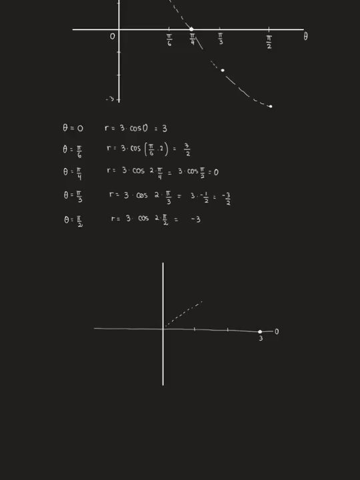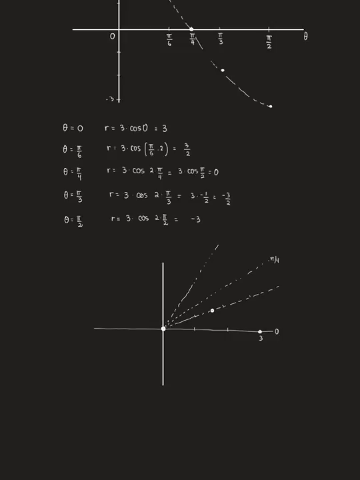Now, here's the line pi over 4. And then we've got pi over 6, that's the 30 degree, and pi over 3, that's the 60 degree. So when theta was pi over 6, we had a 1.5. So if I go, this is 1, that's 2, that's 3, so 1.5 might be over here. At pi over 4, we were down at 0, so this is pi over 4, so we go down to the origin or the pole.